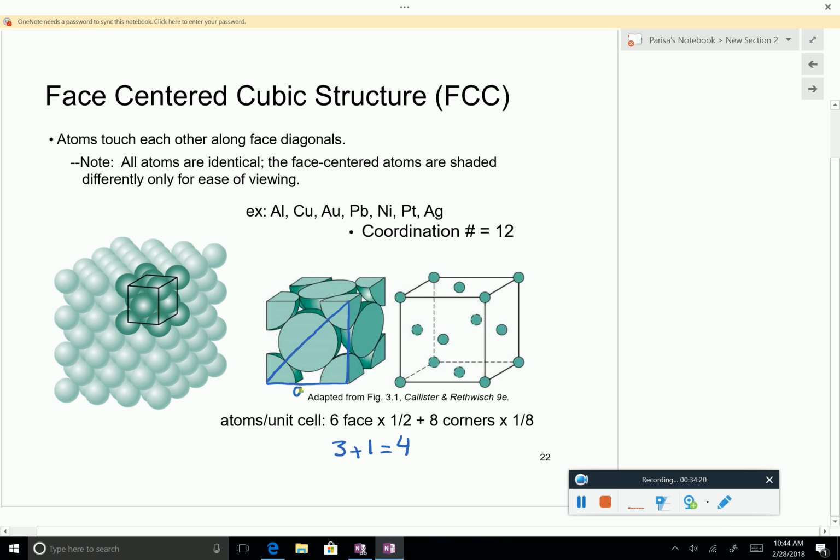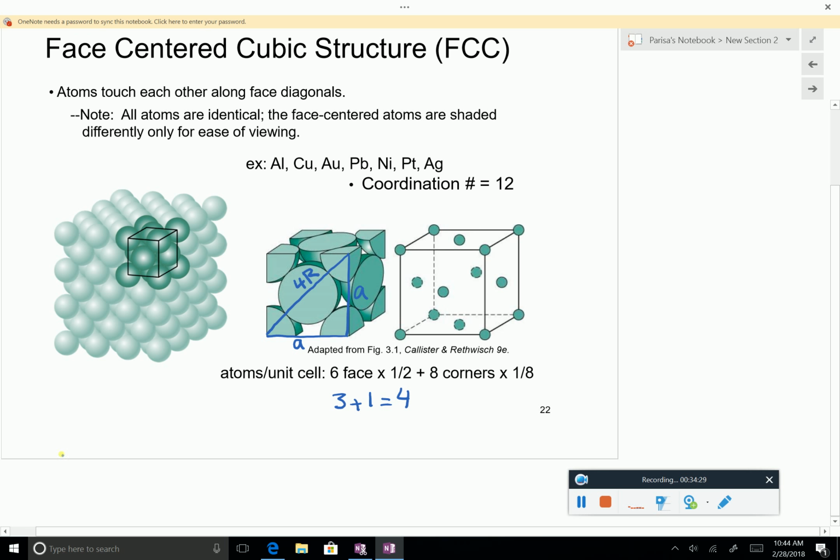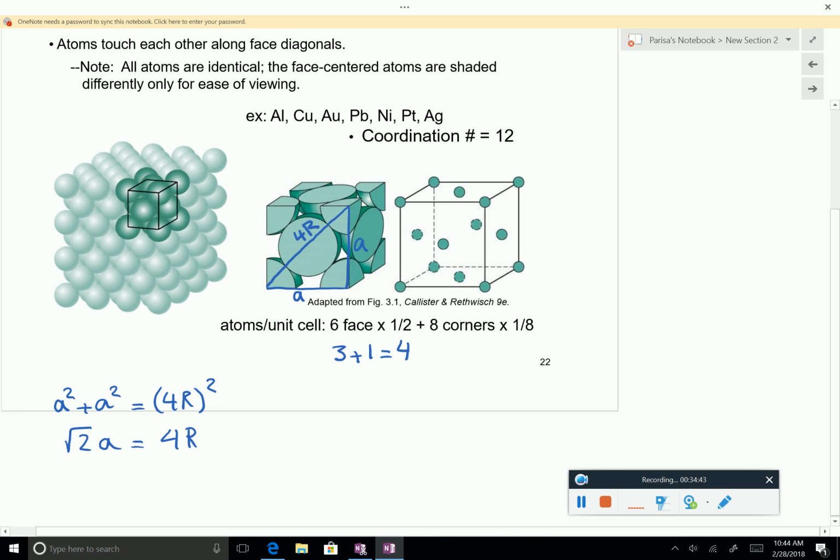So if this is A, this is A, this is 4R. So this gives you the relationship between A and R. Just looking at this.